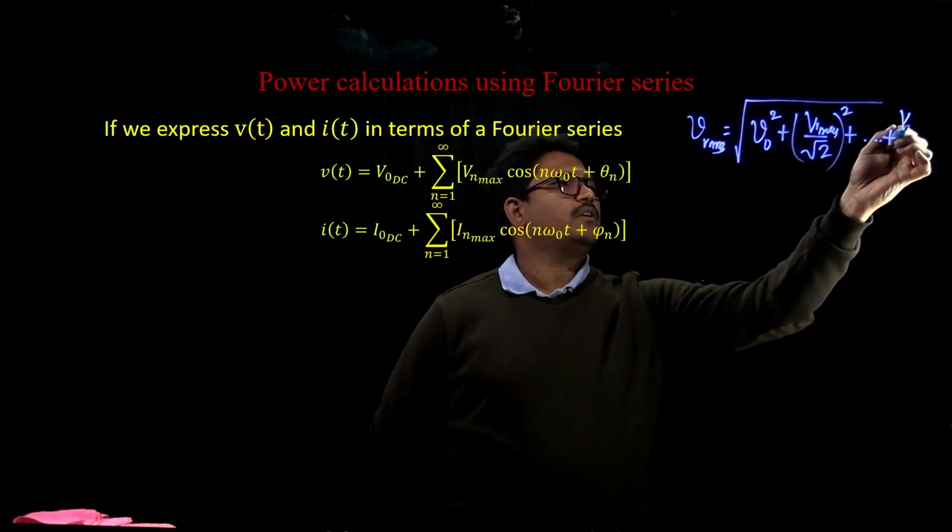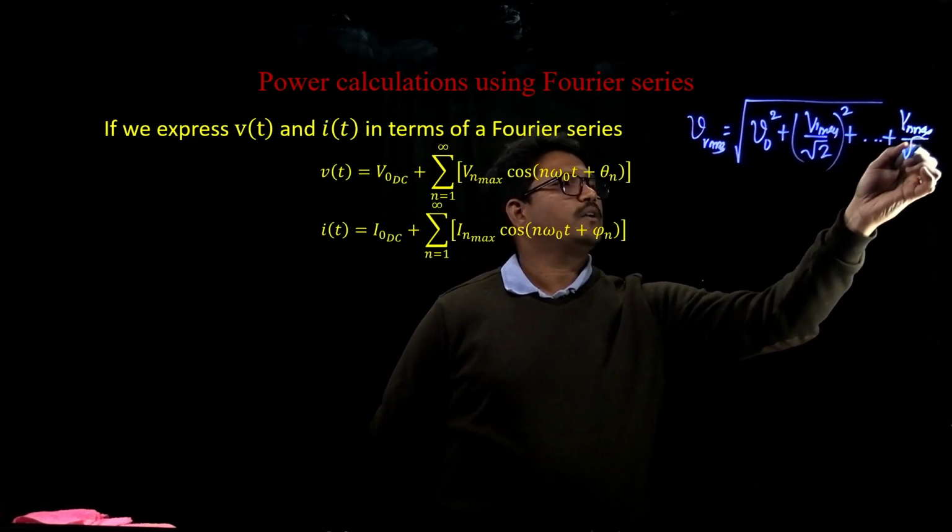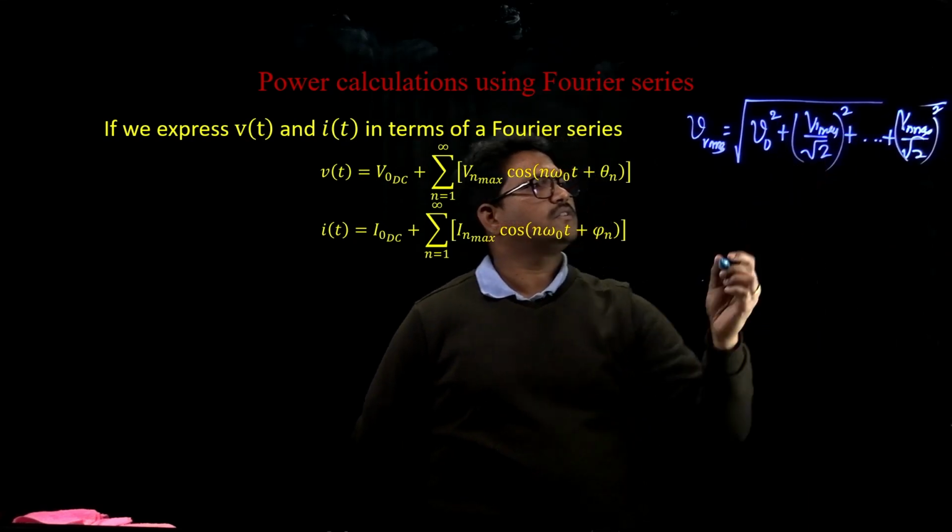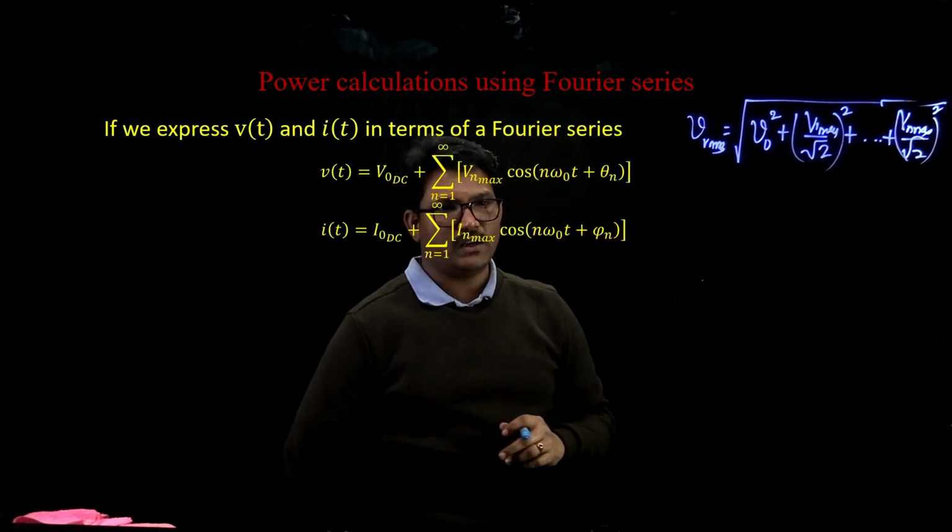If you have n terms, Vn max by root 2 whole square. So that's how we get the RMS value of the voltage.